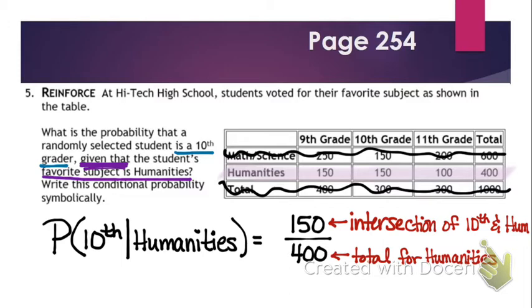The part that we already know about them would go after the line. If it's given that something has already occurred, we know that already. So that would be the only part of the table that we would need to look at.